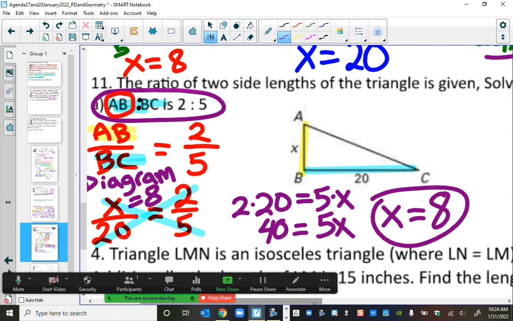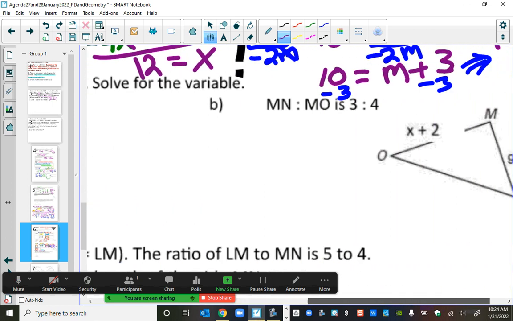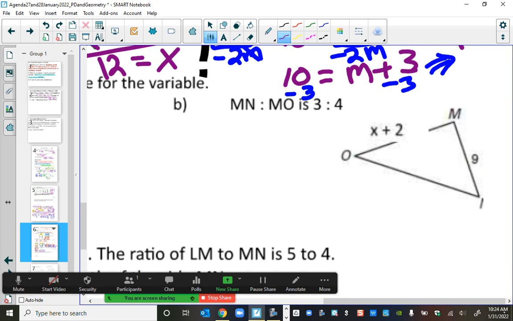11B is going to be similar to 11A. Here, MN, MO. What's our setup? Which side's going on top, MN or MO? Look at our diagram.